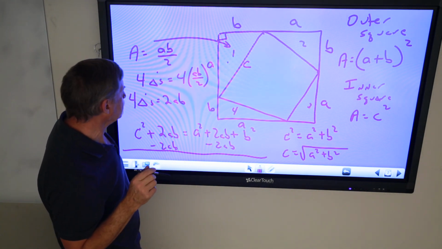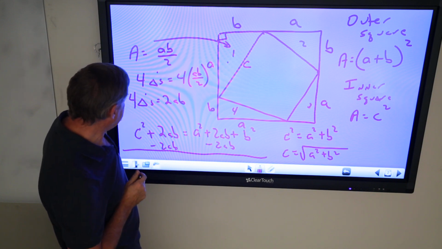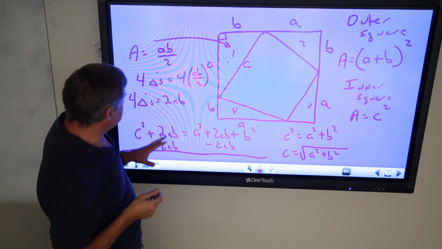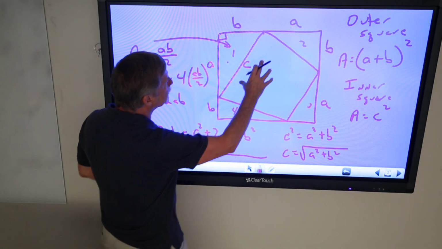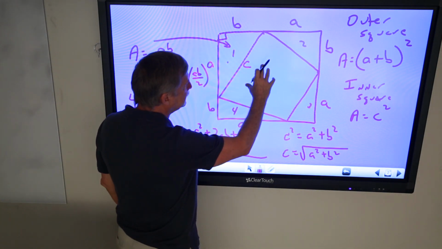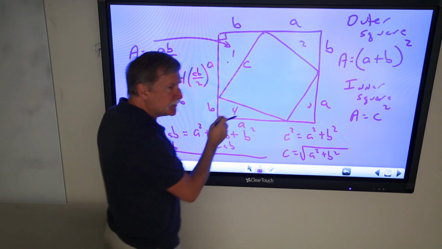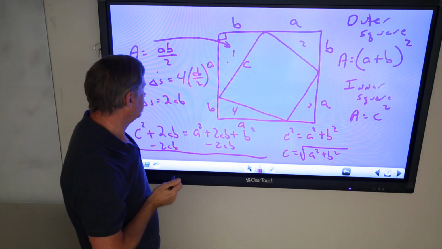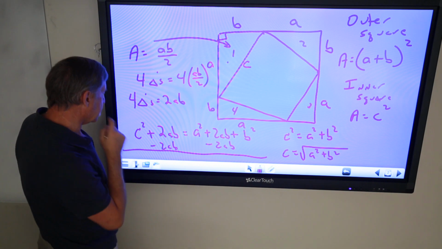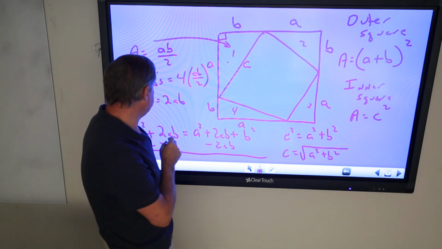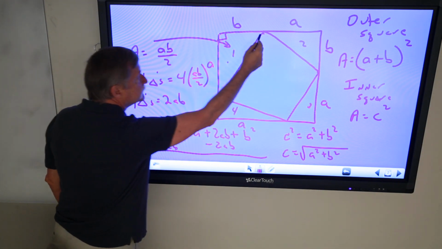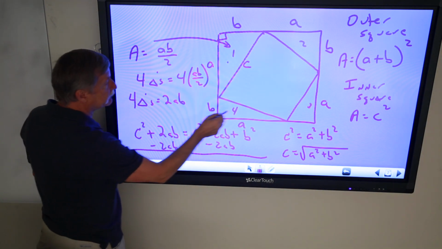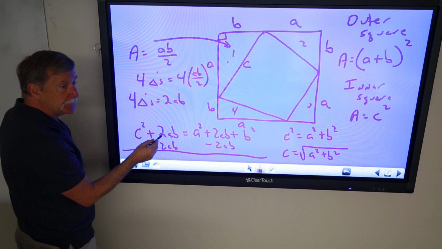Now, look what happens when we take the inside of this whole thing. In other words, we've got the area of C added together to the area of the 4 triangles. And what does that look like? Well, it's going to be c squared, the area of the inner square, plus the area of the 4 triangles, 2AB.